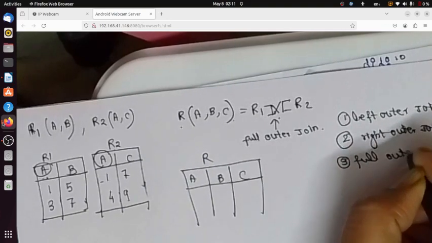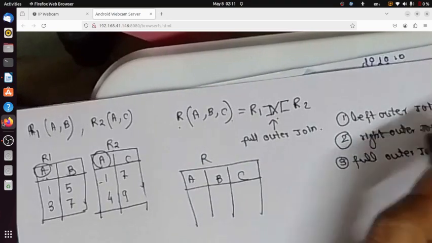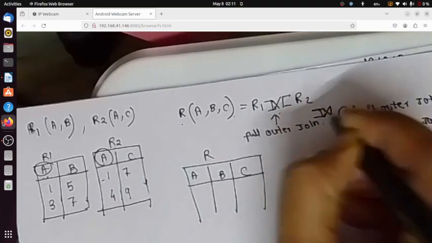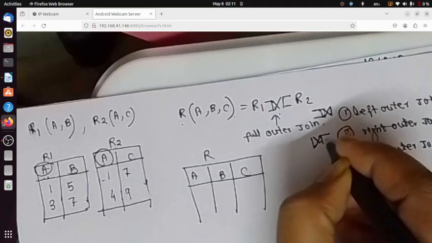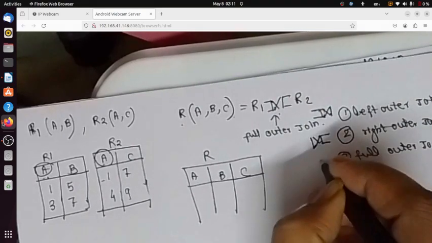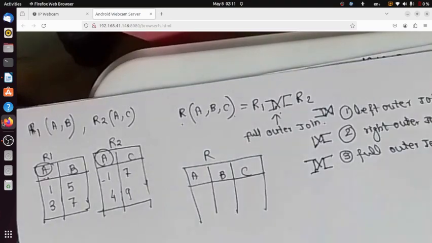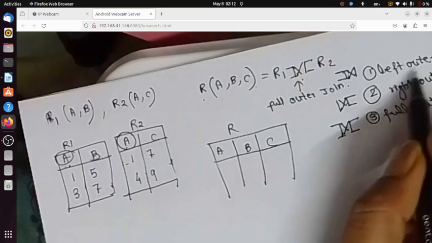And what symbols are used? Left outer join, its symbol is like this. Right outer join symbol is this one, and this is the symbol of full outer join.